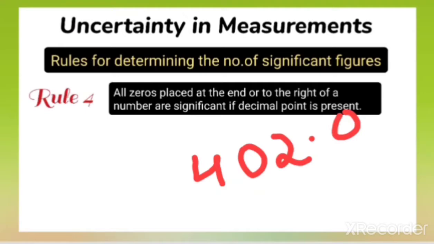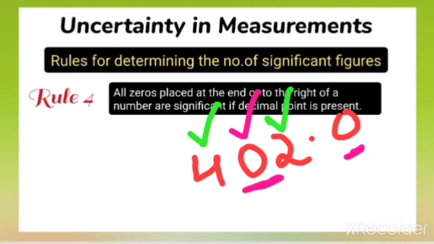So here let us check which are the significant figures. As I told you, according to the first rule, all non-zeros are significant, and according to the second rule, zeros between the non-zeros are significant. So this is also significant, and here one more zero is there, this zero.